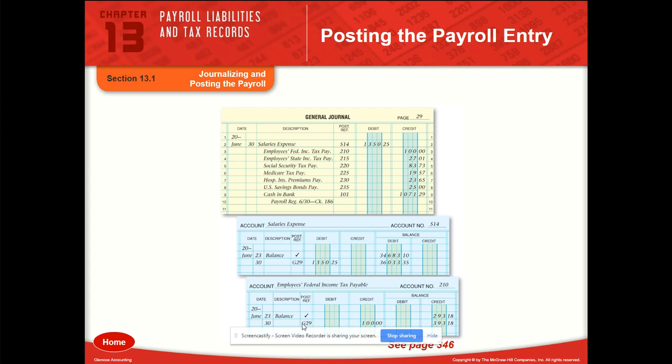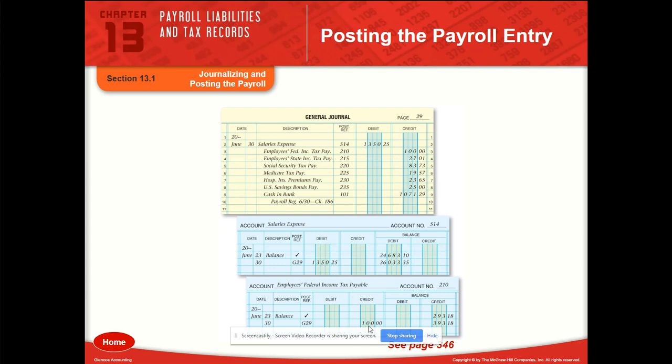You're going to do it for June 30th. We have this date, and this will carry down to here. We see that we make this entry on source document G29, so general journal page 29. That's what that refers to.